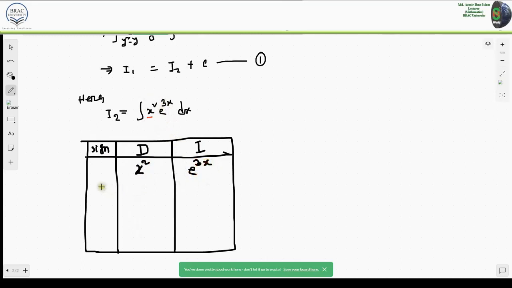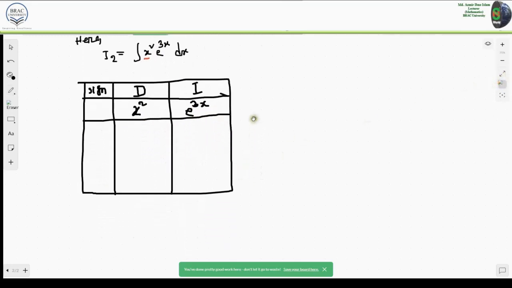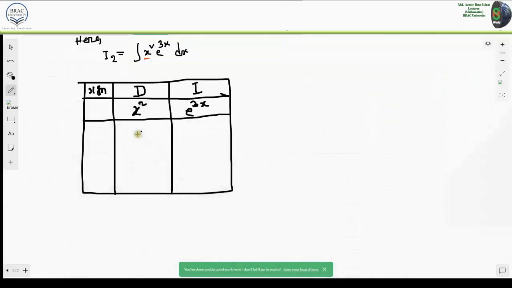So now repeated differentiation will be done and repeated integration will be done. Calculations will continue until we get 0 in the differentiation part. So differentiation of x squared is 2x, differentiation of 2x is 2, differentiation of constant 2 is 0.